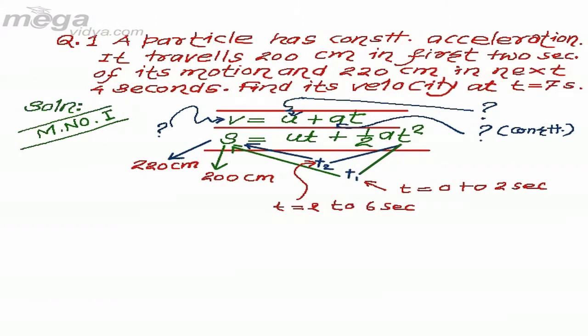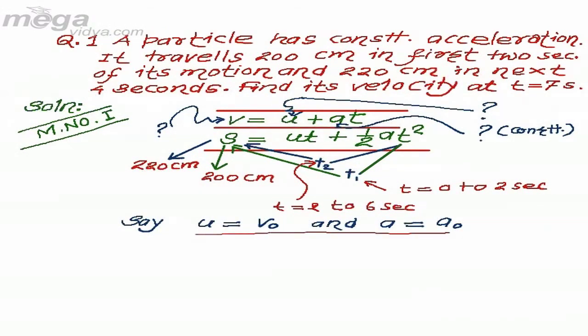Just see, say u is equal to v0 and acceleration a is equal to a0. Now we use these two assumed values in these equations with the two pieces of information given to us for the first 2 seconds and the next 4 seconds.